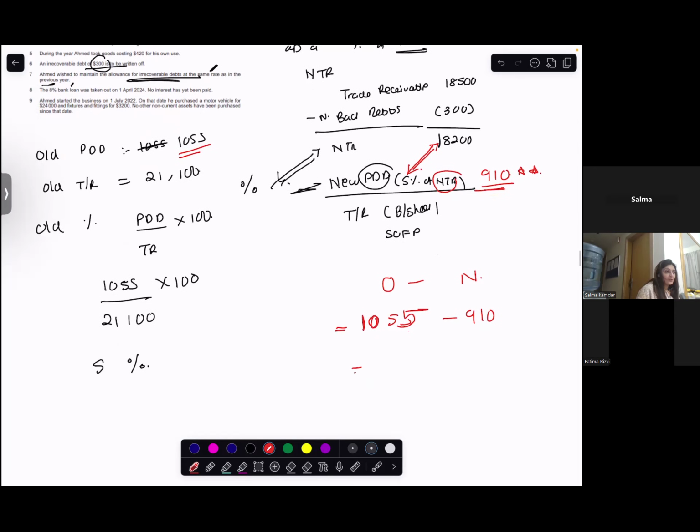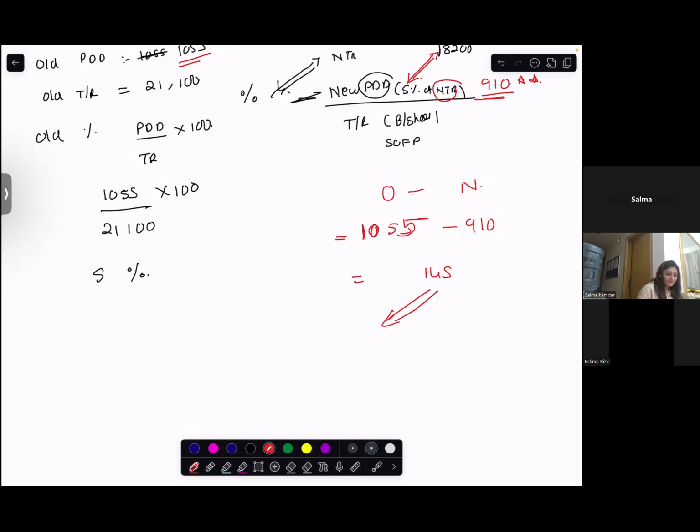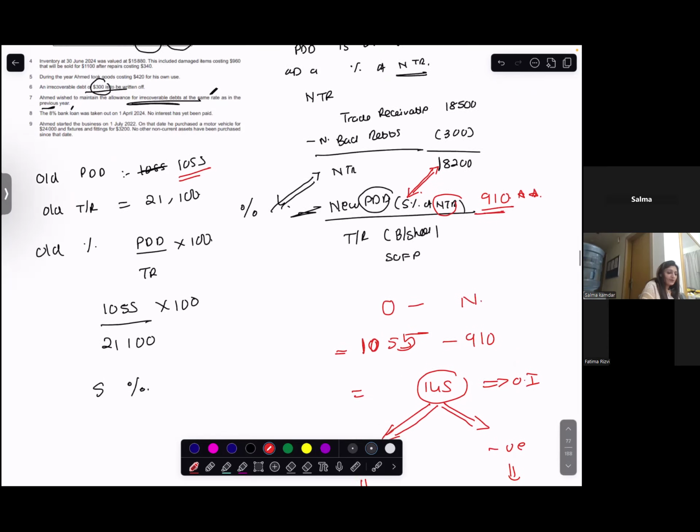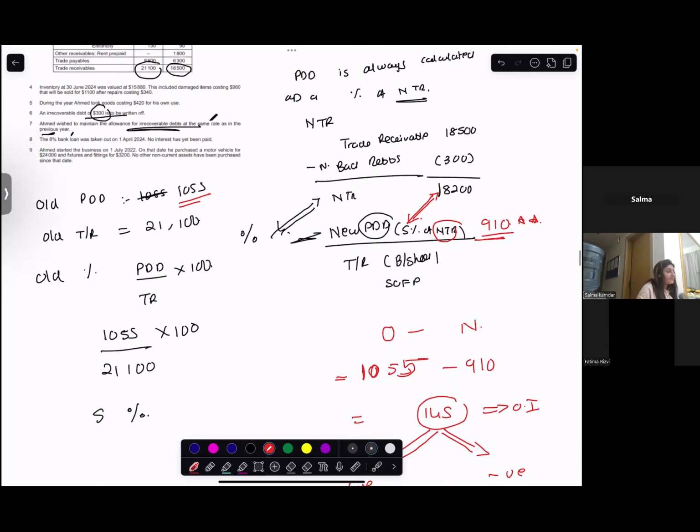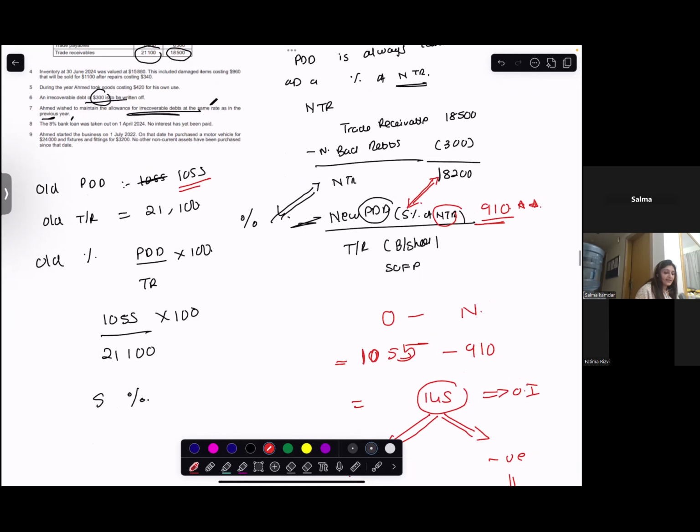Old minus new is how much? 145. If old minus new is positive, then it is other income. If old minus new is negative, then it is other expenses. So 145 is positive, it is other income. This becomes my working note for the PDD. I will immediately go and record it in other income.